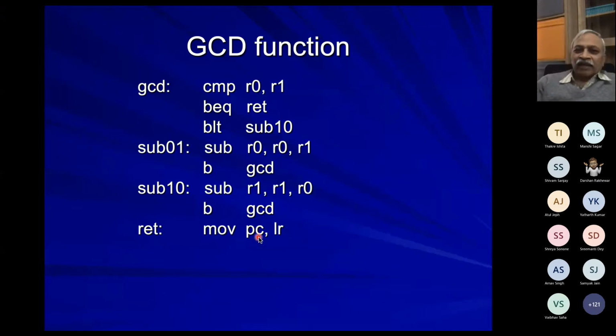When a jump is occurring, when you say branch to some location, what will happen in BLT is that if the condition for R0 less than R1 was true, PC will get this value. The label sub10 has some address, and that address gets transferred to PC. So by changing the contents of PC, you're branching or jumping to some appropriate location in the program.